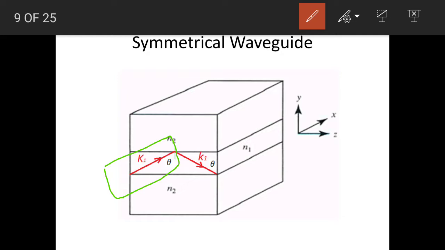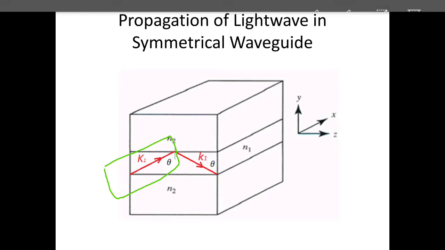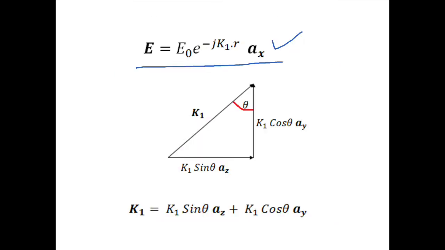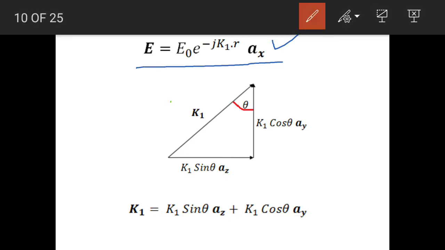The propagation constant of this ray is k1, and let us resolve this k1 into two components. One component is along z-axis and the other component is along y-axis.